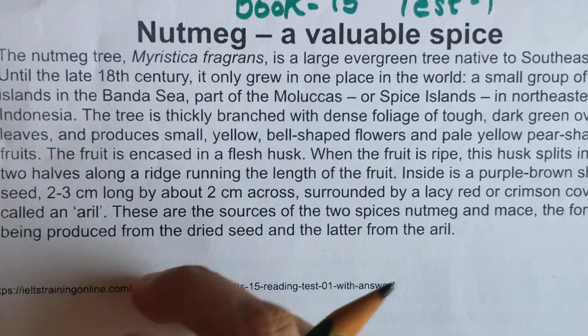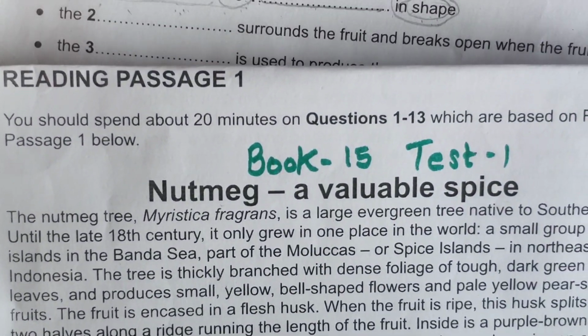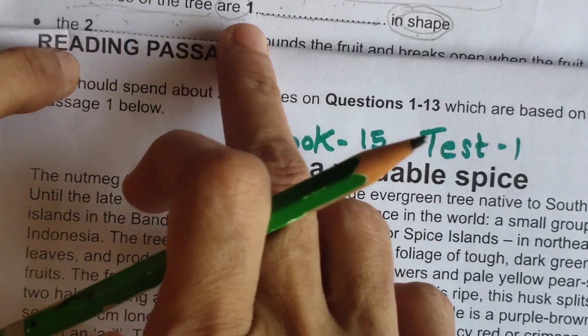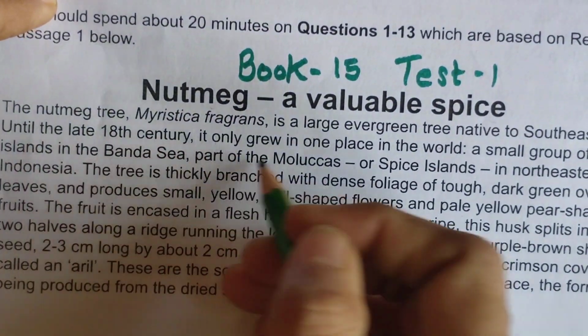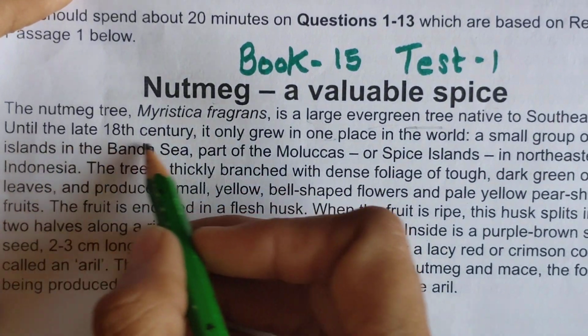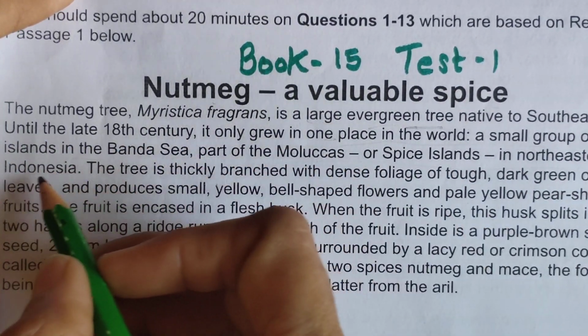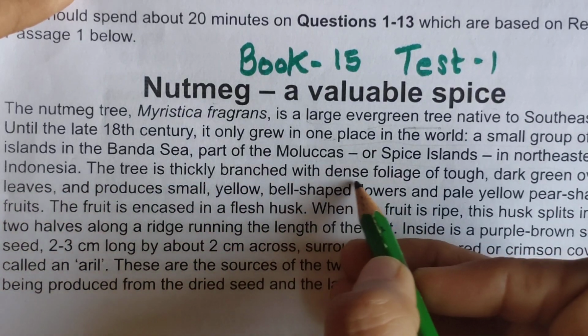Now this is my first paragraph. The question statement was: the leaves of the tree are dash in shape. Large evergreen tree, small group of islands. We need to find the leaves.